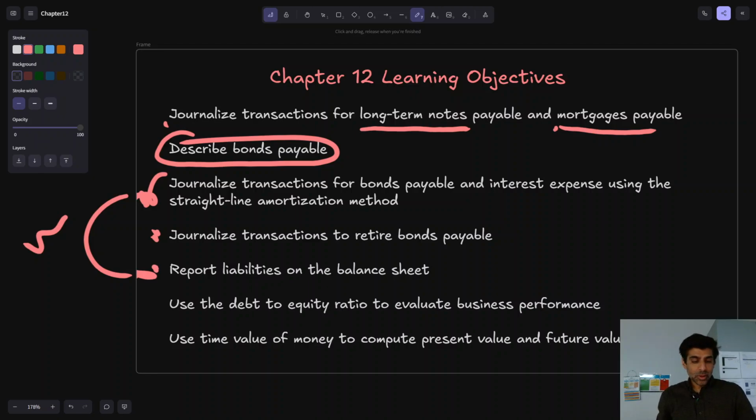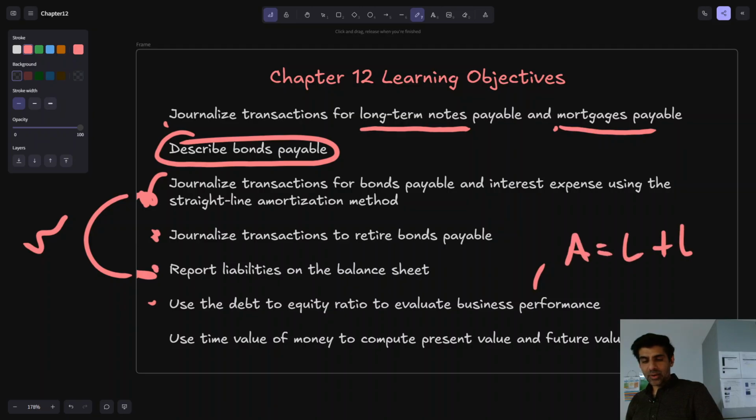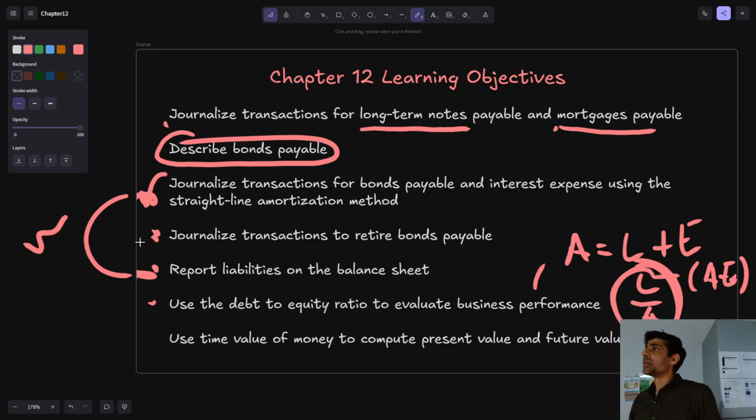This ratio, the debt to equity ratio, is very similar to the debt ratio, which I think we did in chapter 2, because as we know, assets equals liabilities plus equity. So the debt ratio, if you remember back, was liabilities over assets. Okay. Because liabilities are equal to assets minus equity, you can rearrange this ratio in different ways using substitution.